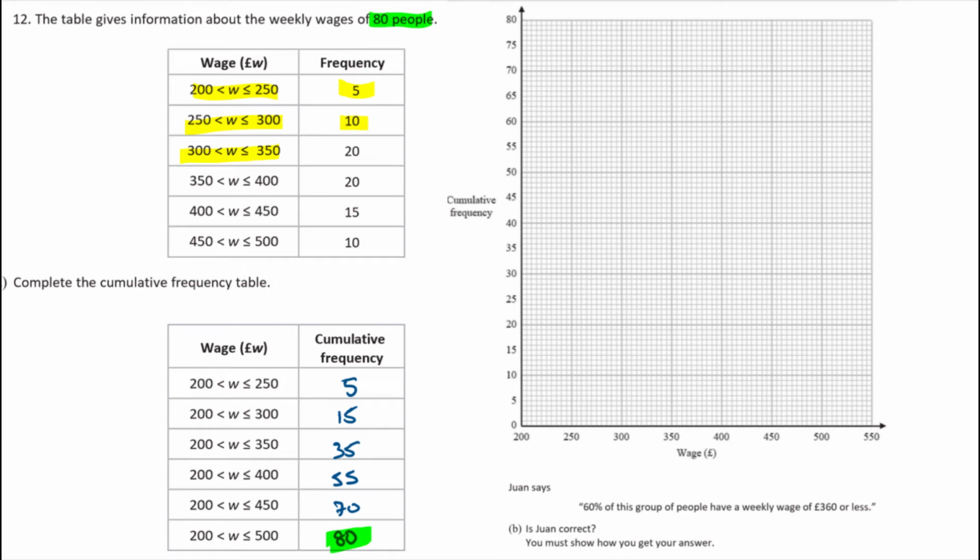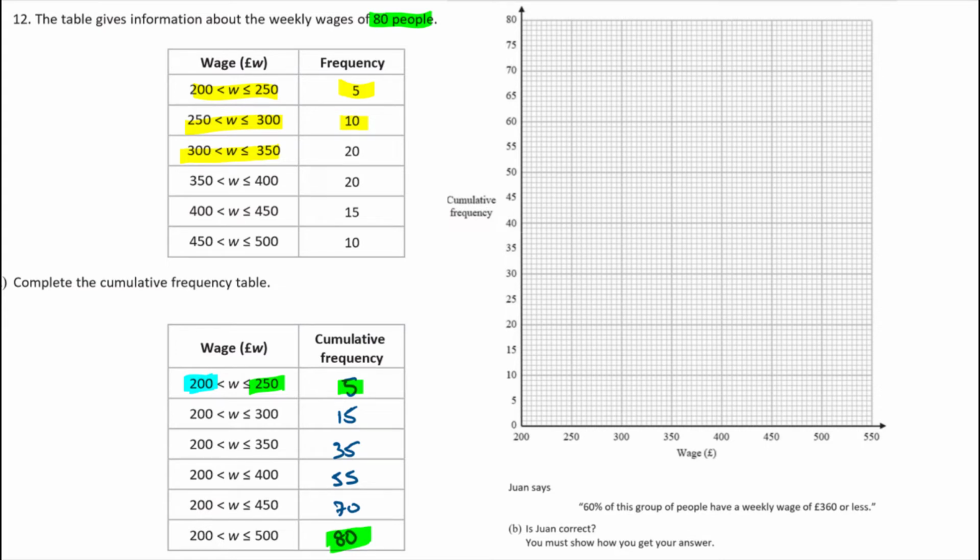Part B, we need to then plot those values on the graph. Now when you're plotting the cumulative frequency curve, you are plotting upper class bound against cumulative frequency, not lower class or middle. Okay, so my first point, actually I can put one bonus point on. I can put 0 at the lower class bound of the first point.